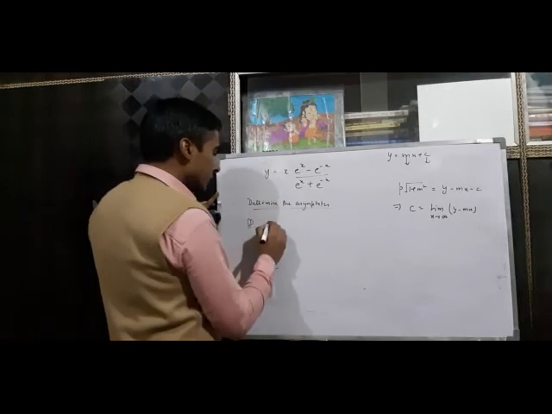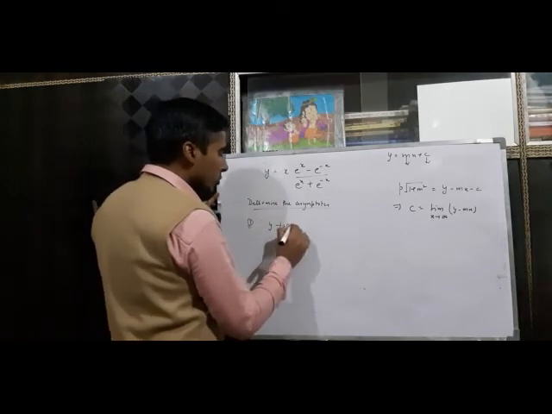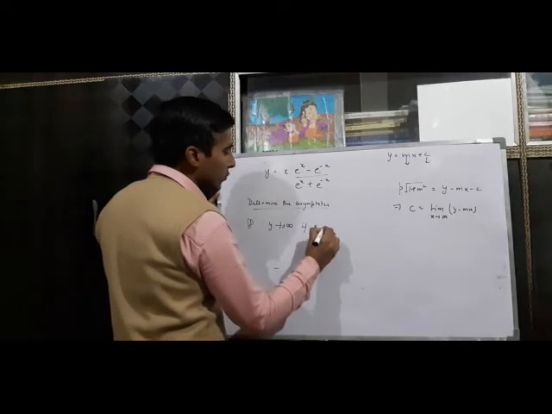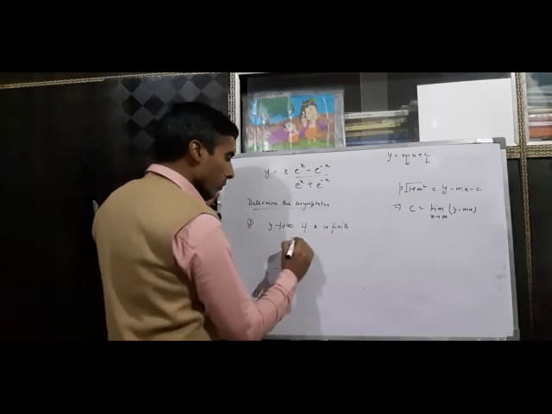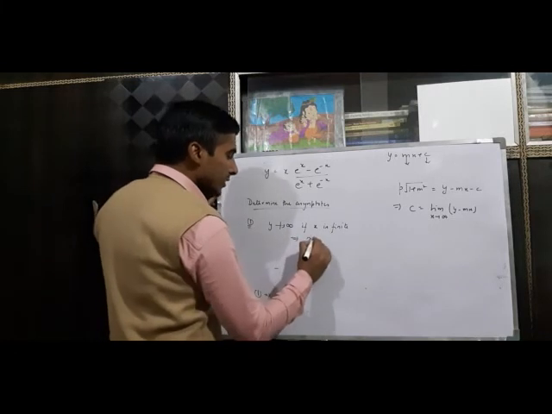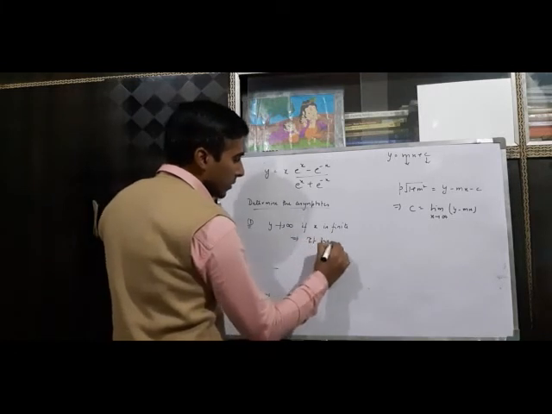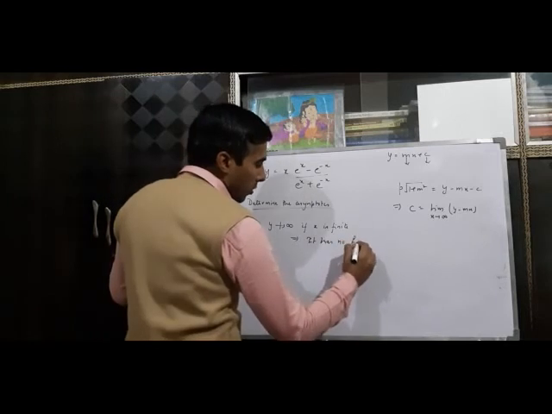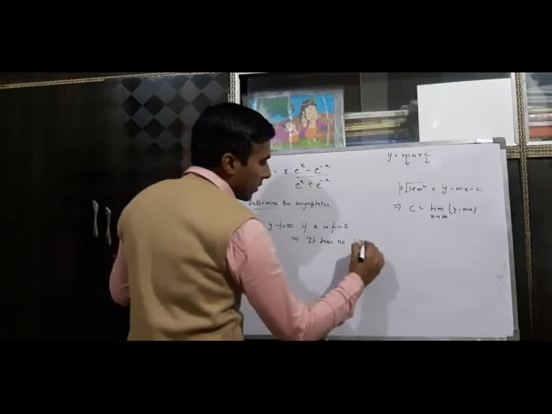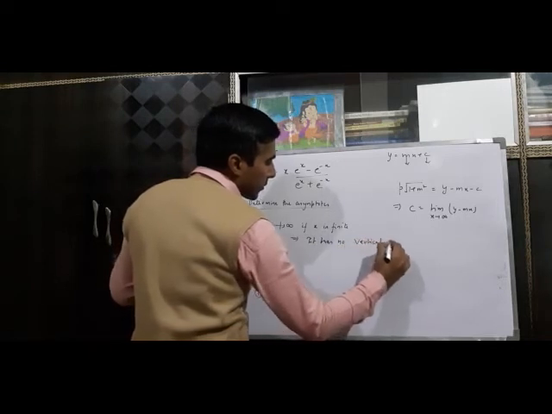So that implies y cannot approach infinity if x is finite. So it has no vertical asymptotes.